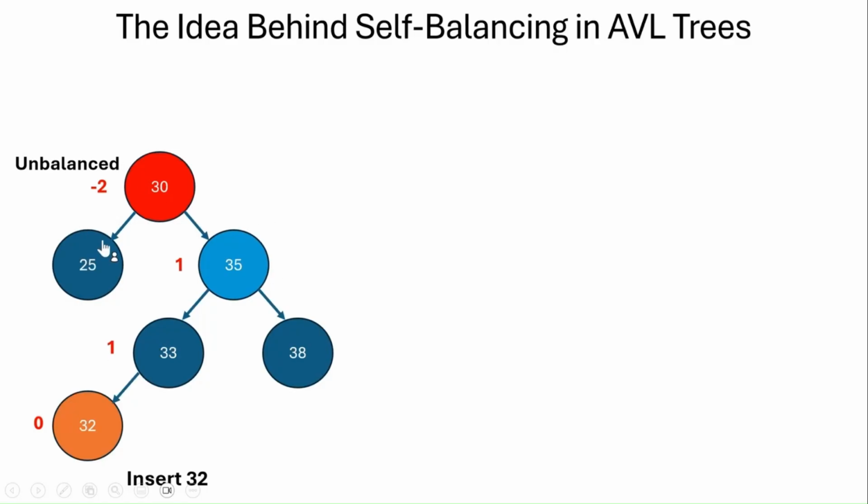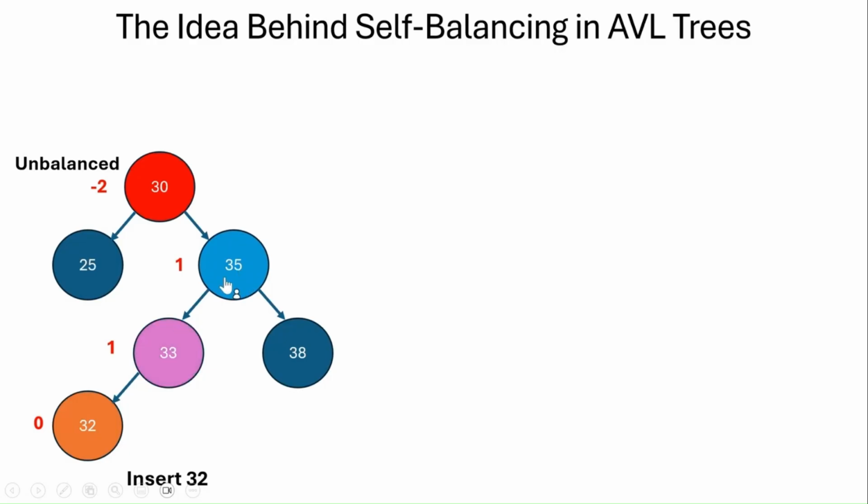Previously the height of the left subtree was 1 and the height of the right subtree was just 2. But now when we add a new node, the height of the right subtree changed to 3. So the right subtree is making this whole tree unbalanced, where 30 is the root. That's why we say the right side of 30 is making it unbalanced.